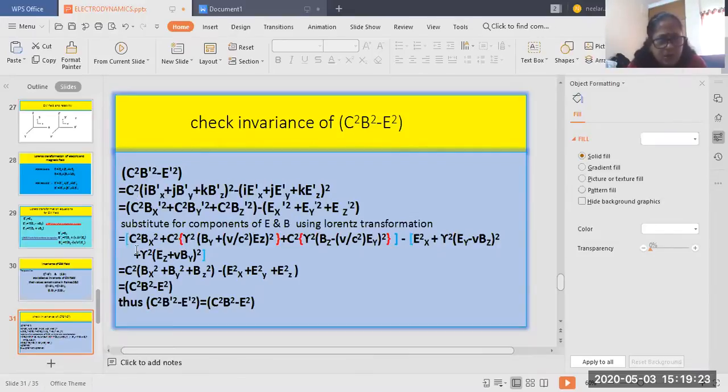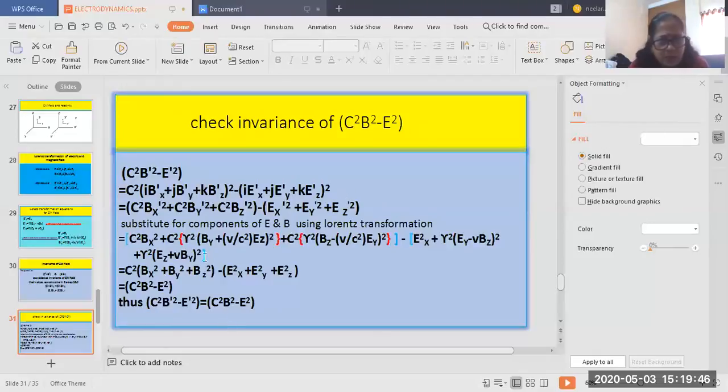Fine. So now what you can do, it is a square, so you can open the bracket. So only what happens while squaring, i square, j square and the k square terms will be left out, remaining are all 0. And similarly here, Ex square, Ey square, Ez square is left and remaining everything is 0.